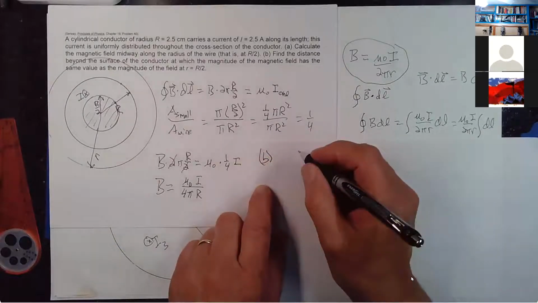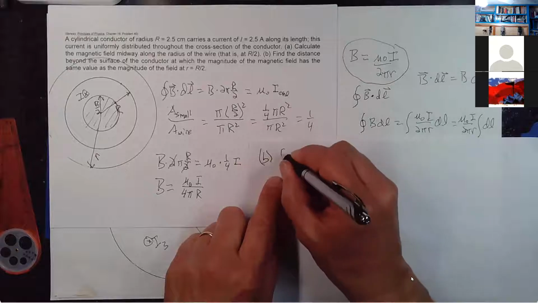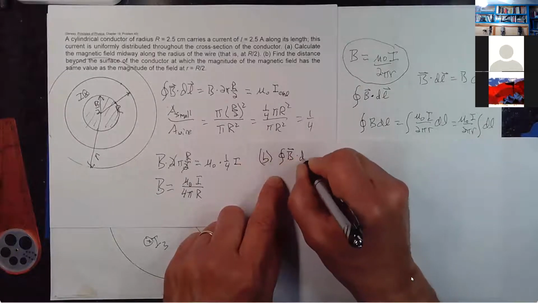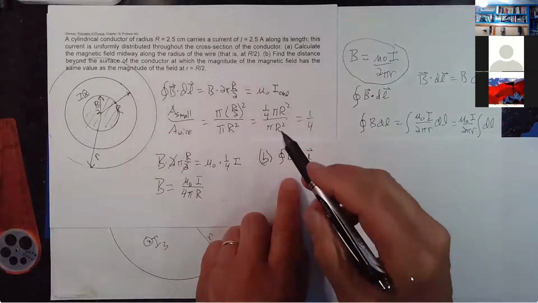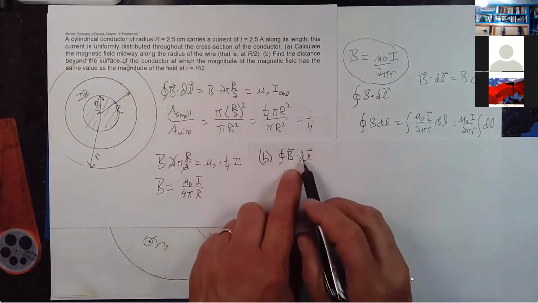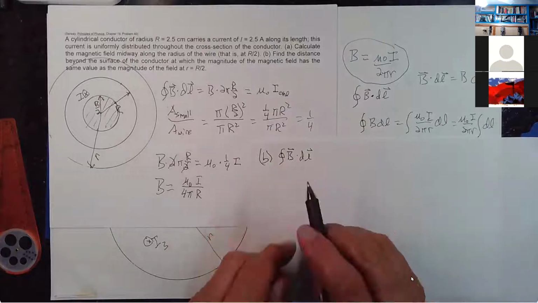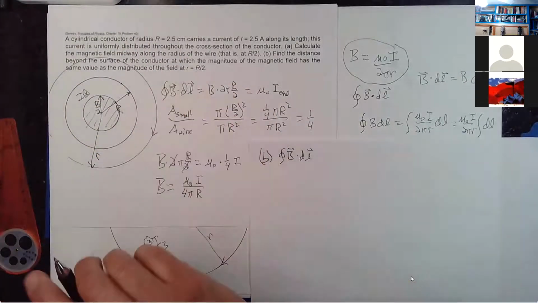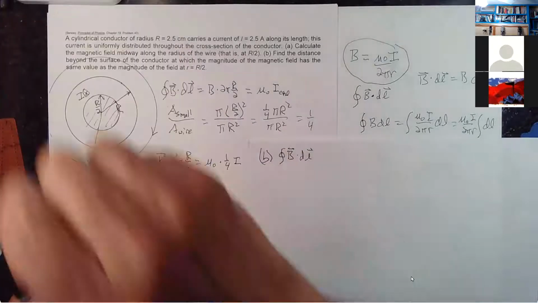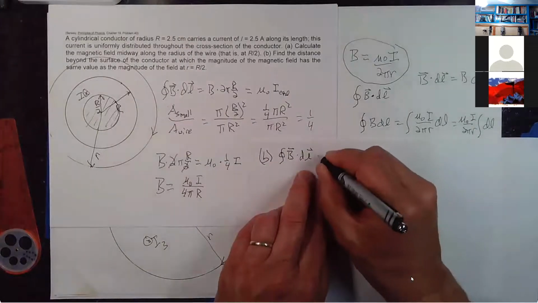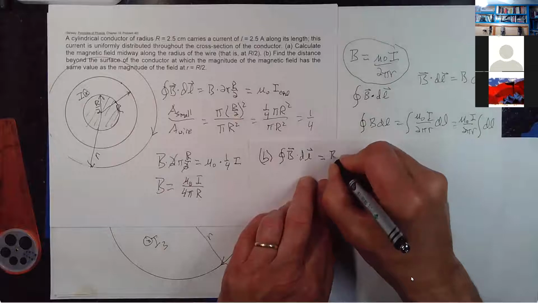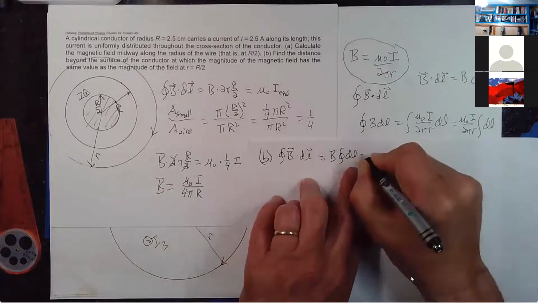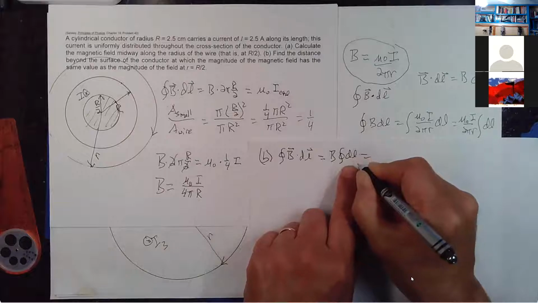Okay. I can again use Ampere's law to do this. I'll have the integral of B dot dl, for some loop out here that has a radius of r. Taking my B vector and my dl path to be clockwise, I can pull the B outside the integral and I'll end up with B times the integral around the circle of dl, which is just the circumference of the circle.